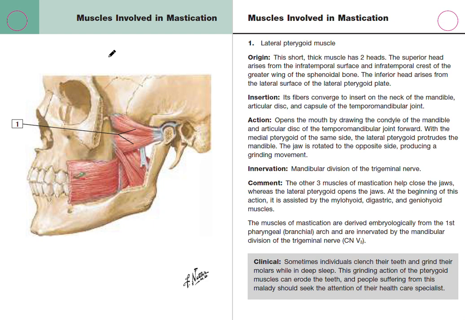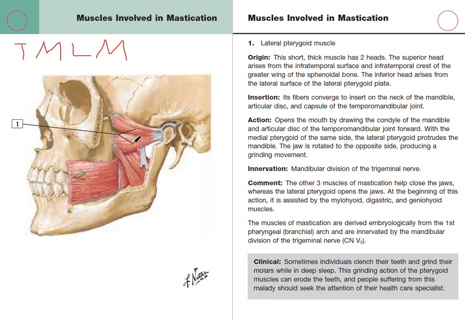Finally, our fourth and final muscle of mastication, the lateral pterygoid. So to review, we have the 4 muscles of mastication: the temporalis, the masseter, the lateral pterygoid, and the medial pterygoid.